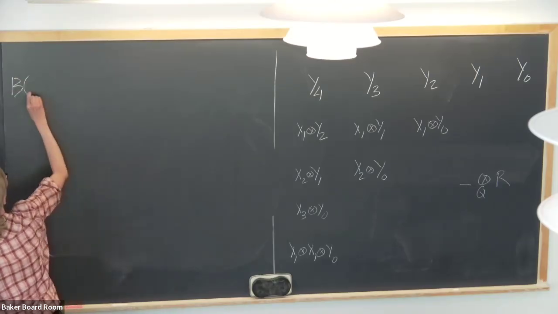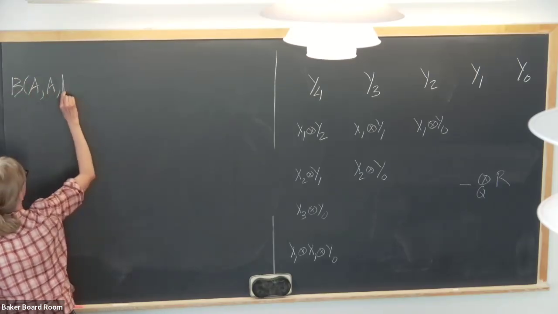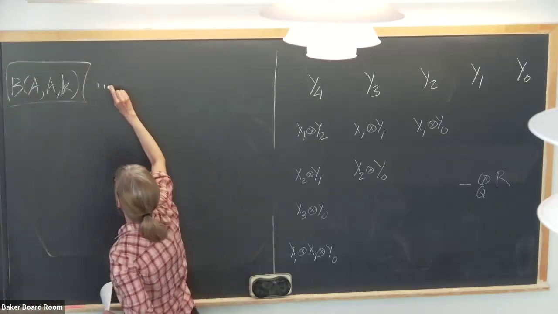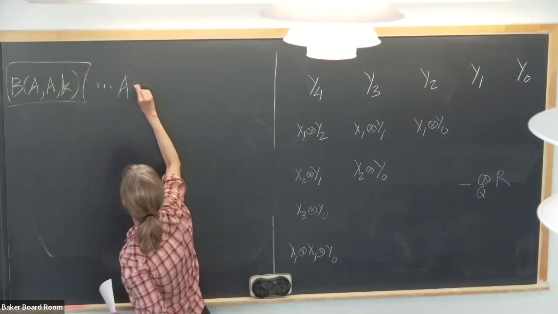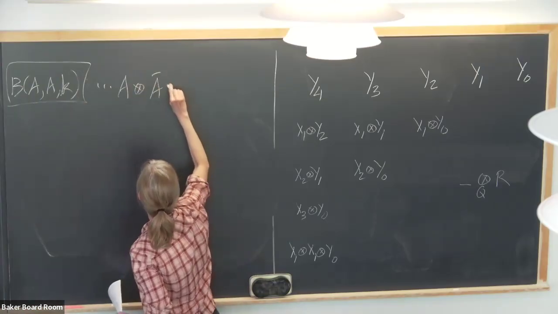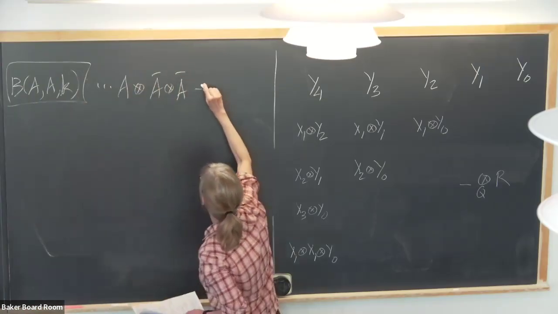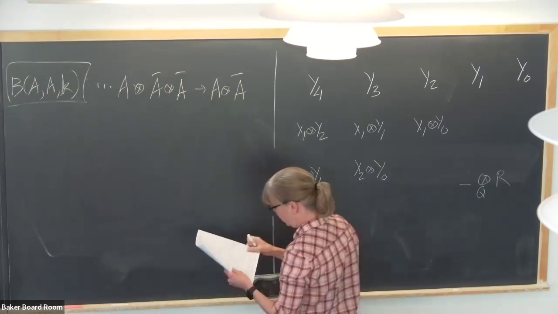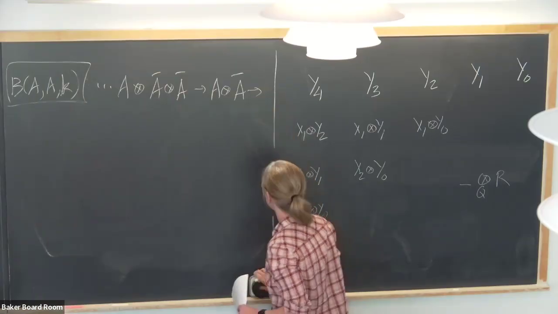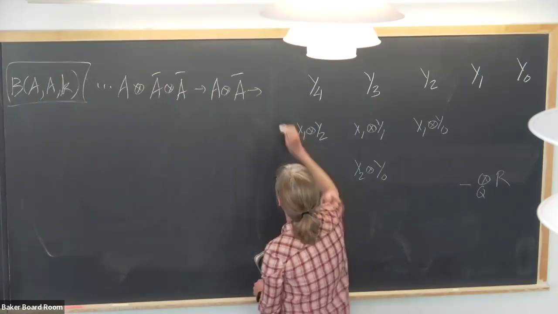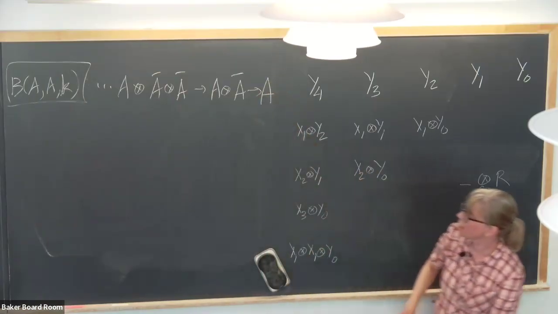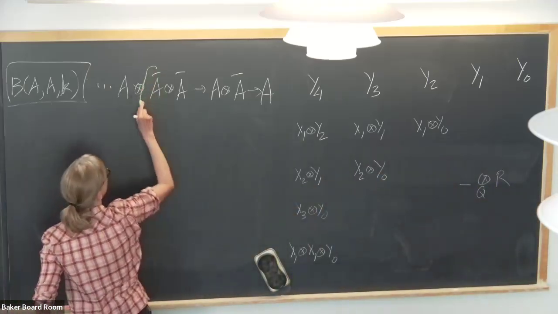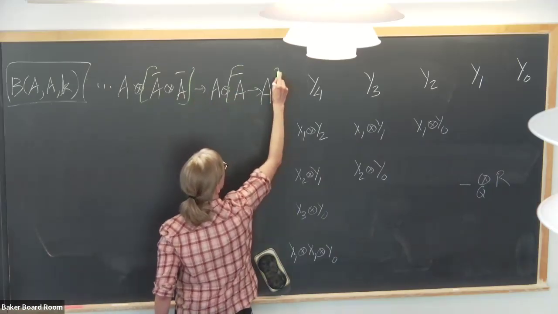So this is called BAAK, which you'll understand why in a little bit. So dot, dot, dot, I'll just put a few of those factors. So if I have A tensor A bar goes to A tensor A bar goes to A. That's gotten rid of most of the homology. I'm sorry, the contractible part, which was not contributing.